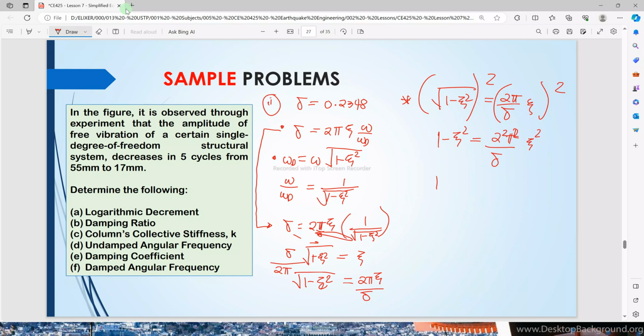Or simply, 1 minus psi squared is equal to 4 pi squared over delta squared psi squared.